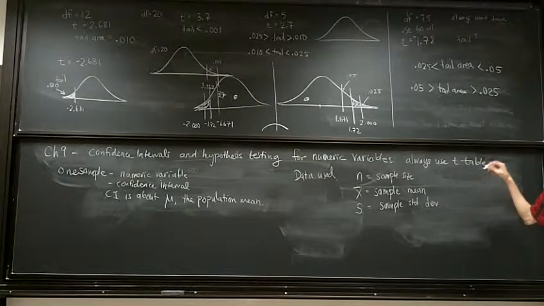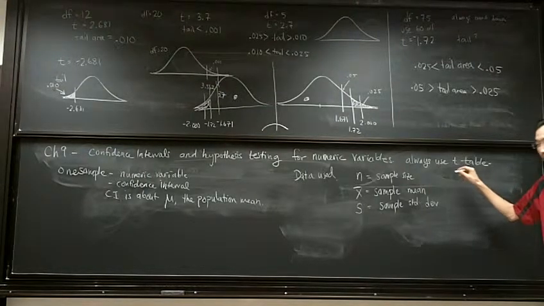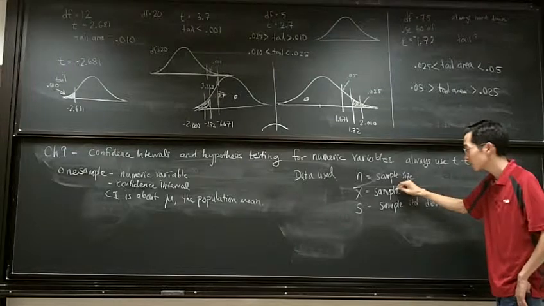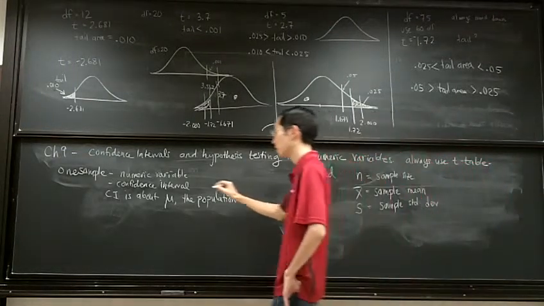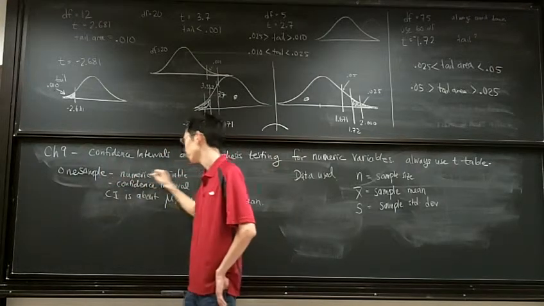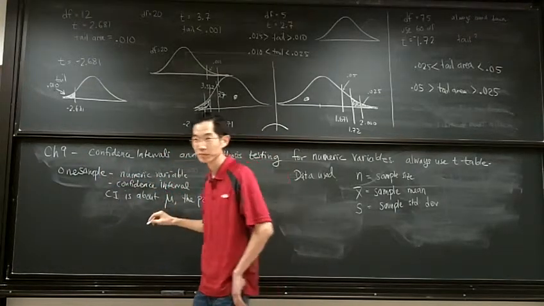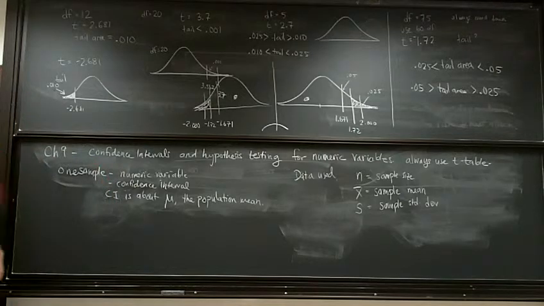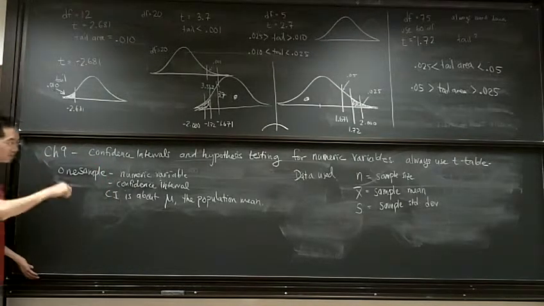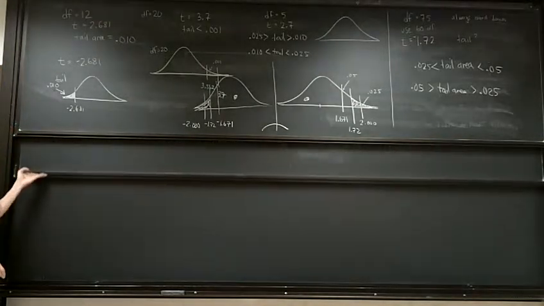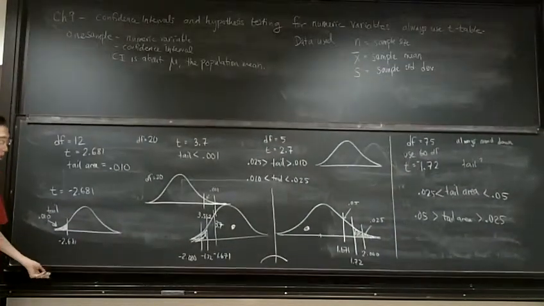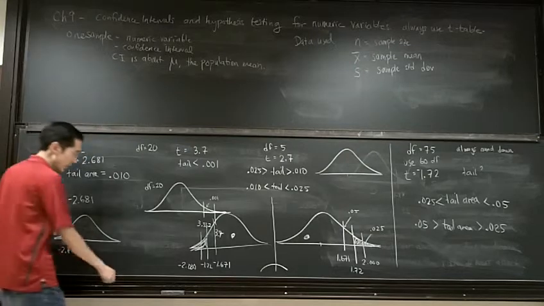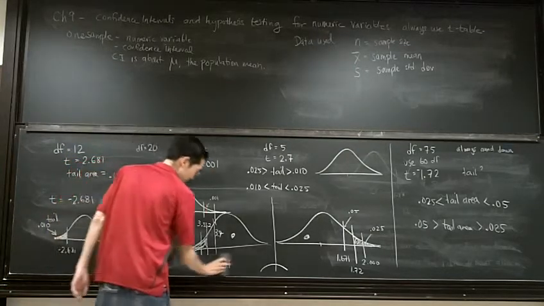There might be other bits of information in there to distract you, but once you know you are dealing with one sample and a numeric variable, don't be distracted. I have to find n, x bar, and s.